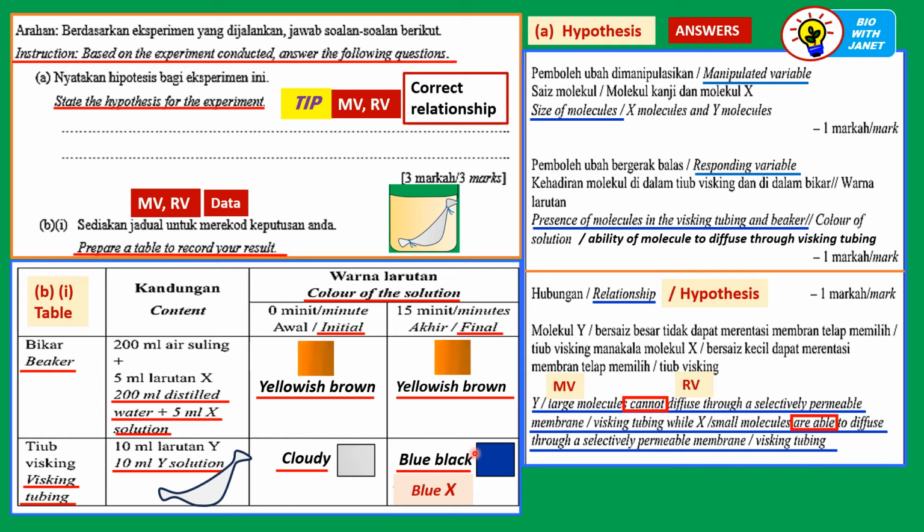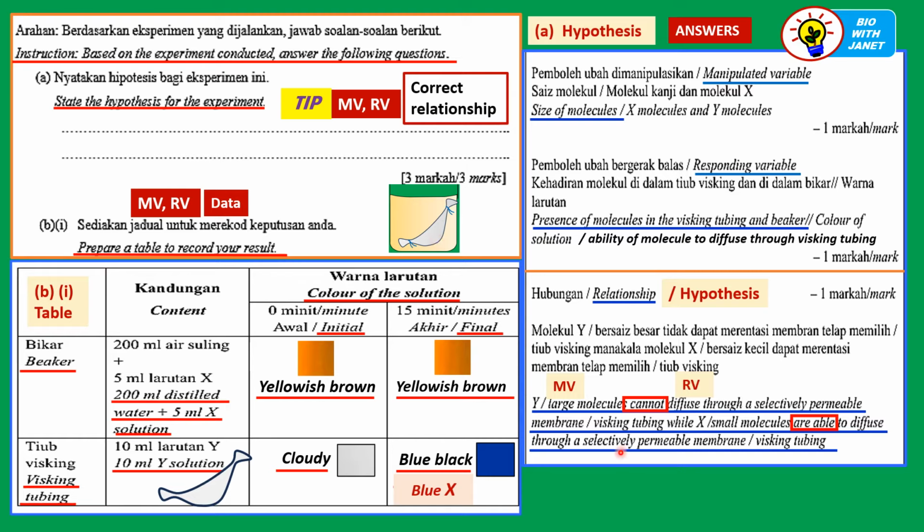So why did the contents of the whisking tubing turn blue-black? It's because the iodine from the outside of the whisking tubing had diffused into the whisking tubing through the selectively permeable membrane. We don't use the word semi-permeable anymore here.